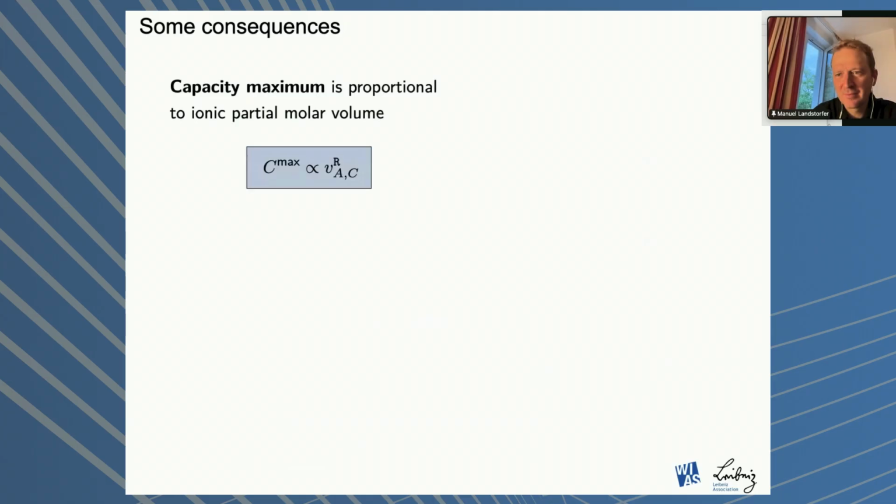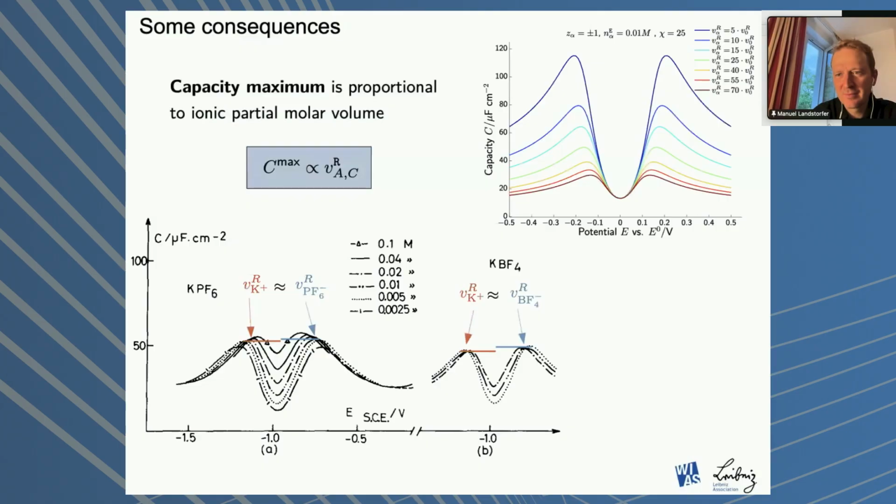Maybe some consequences I want to discuss here. The capacity maxima are, and this can be proven mathematically, proportional to the partial molar volume of the solvated anion and cation respectively. The left maximum is encoded by the molar volume of the solvated cation, the right one by that of the solvated anion.